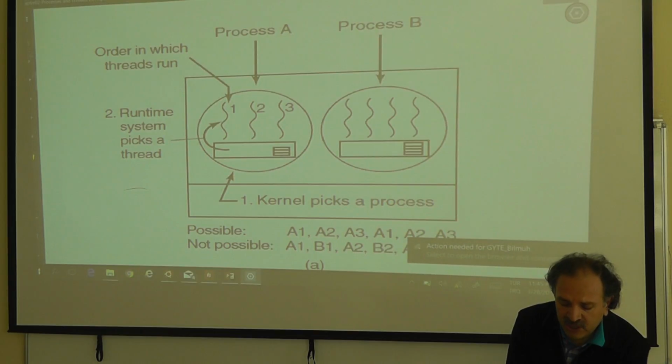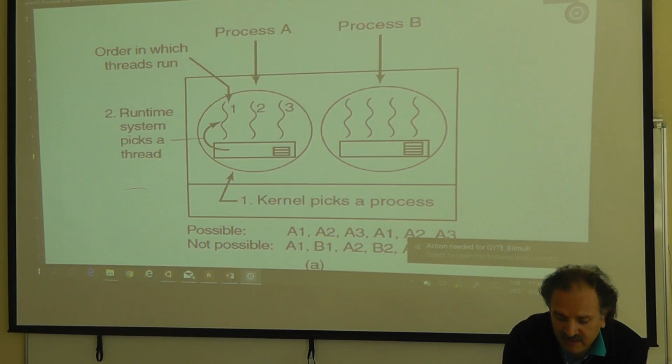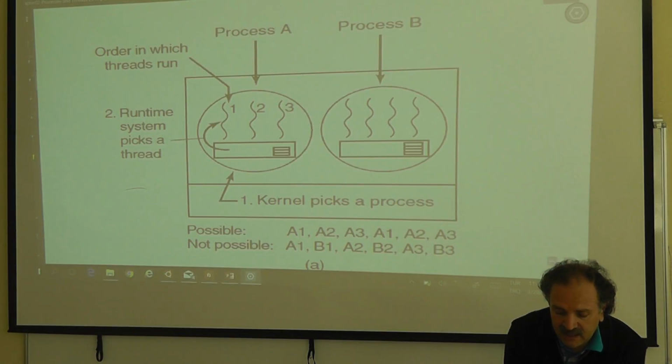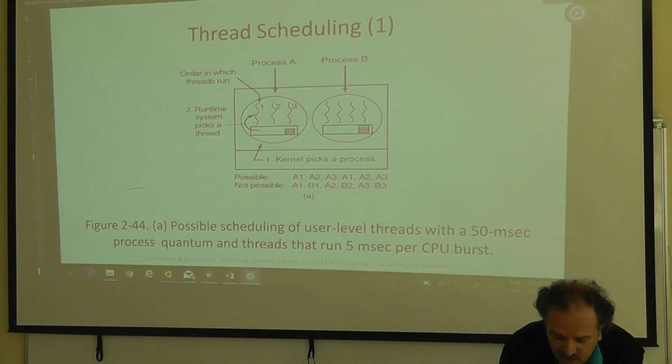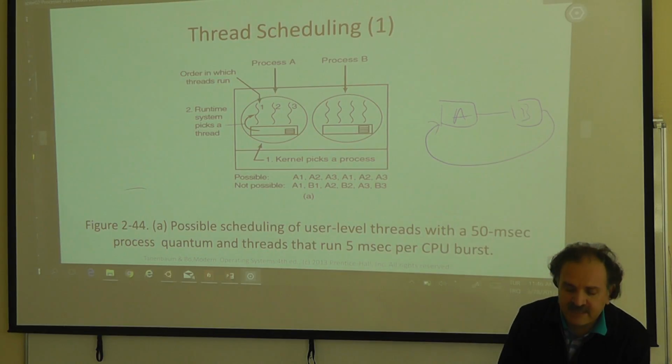If I want it to be fair, then process A and process B will get equal priorities. If I am running round robin, all the kernel sees is process A and process B, then it goes back to process A. So they will have equal quanta.